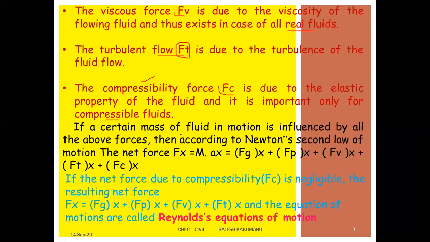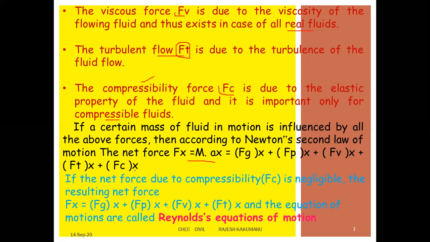So the net force Fx is equal to m into ax, that is equal to gravitational force in x direction, plus pressure force in x direction, plus viscous force in x direction, plus turbulent force in x direction, plus compressibility force in x direction.